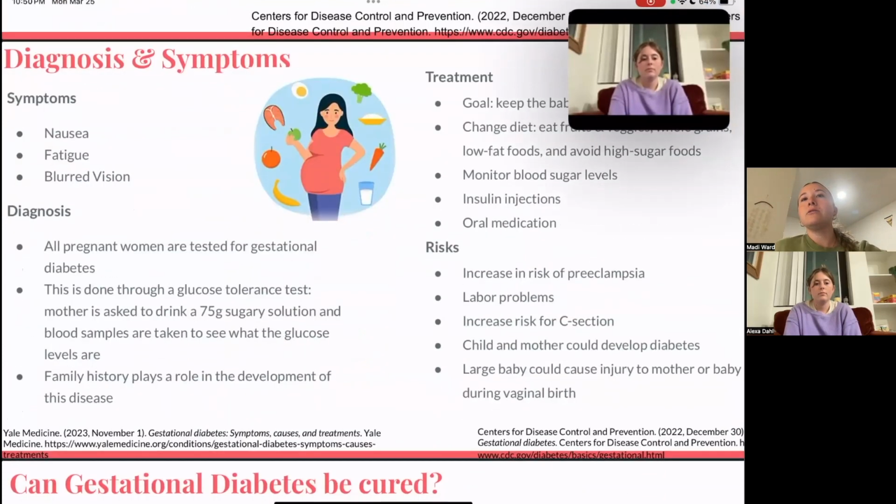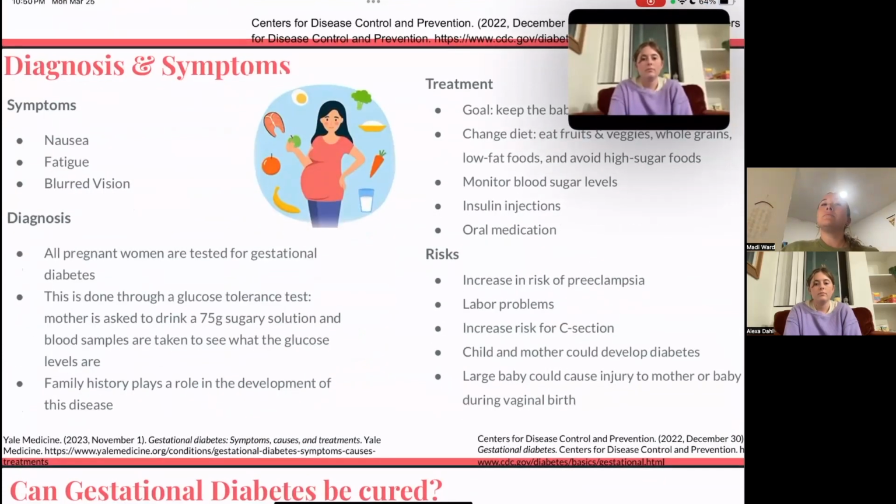For the diagnosis and symptoms, there's usually not a lot of them. There's only a few, which is nausea, fatigue, and blurred vision. And for the diagnosis, all pregnant women have to be tested for gestational diabetes. This is just done simply through a glucose tolerance test. The mother is asked to drink 75 grams of a sugary solution.